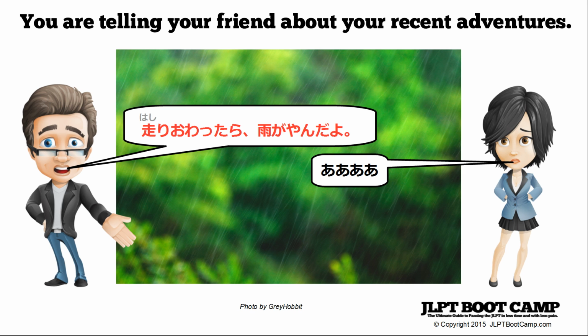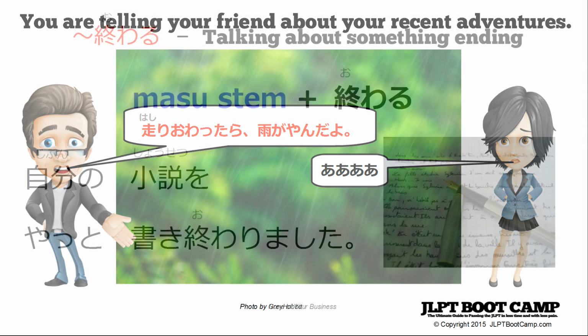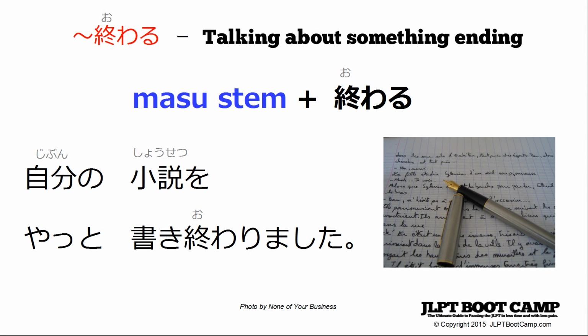It kind of has a natural ending, whereas owaru is something that you've decided to finish, usually. So you wouldn't usually use owaru with ame, rain, something that's not in your control. And your friend responds, so that's too bad, kind of meaning. So to finish it off, to talk about something ending, you would use owaru.